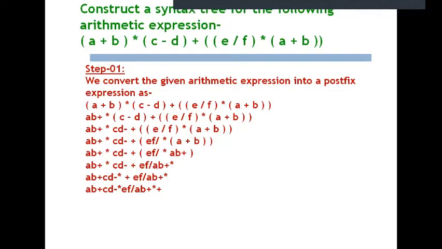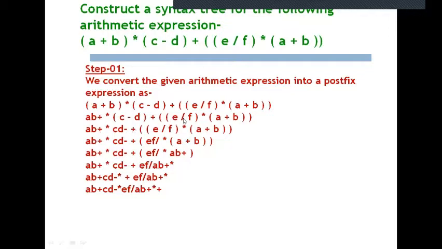So what we have to do first is take this plus outside so that it becomes ab plus, and then take this minus outside so that it becomes cd minus. So now this becomes ab plus star cd minus.